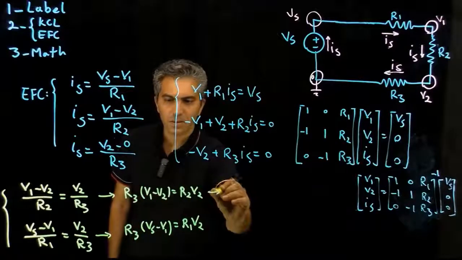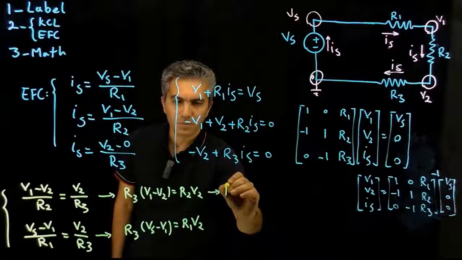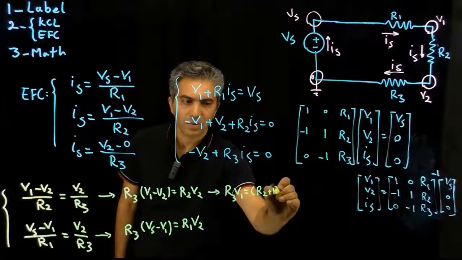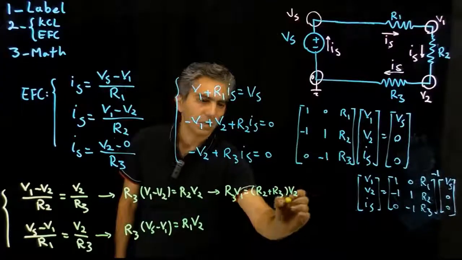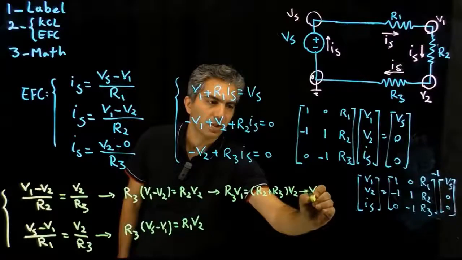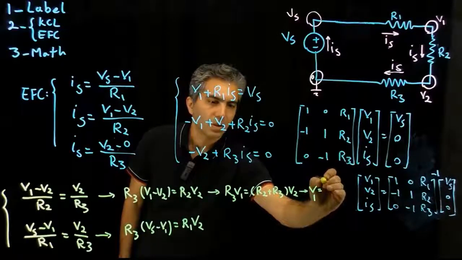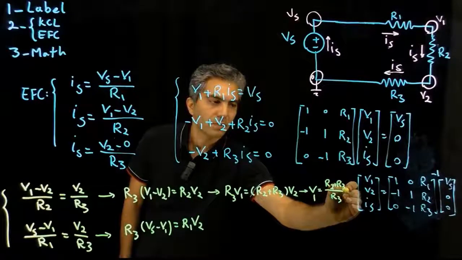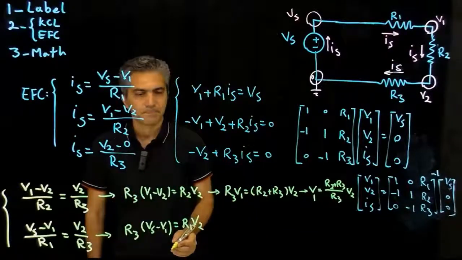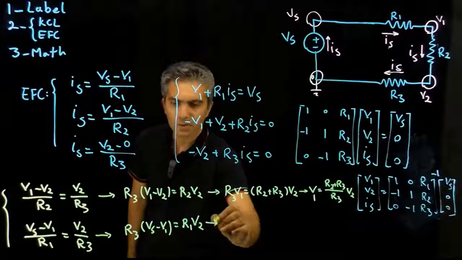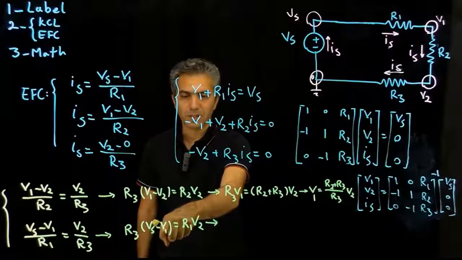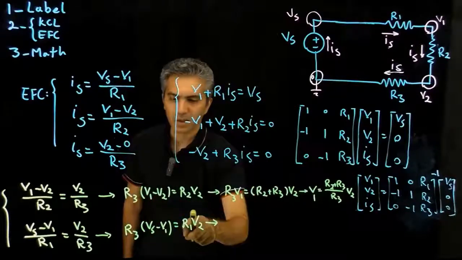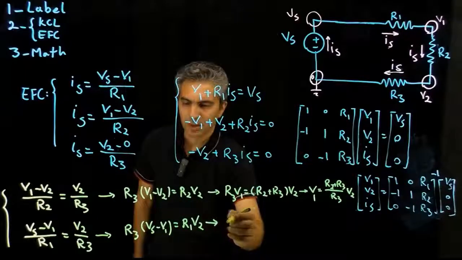So from this, I know that R3 V1 is equal to (R2 plus R3) V2. In other words, V1 is equal to (R2 plus R3) over R3 times V2. And from this equation, now I can replace V1 with the value that I have over there and directly calculate V2 as one of the unknowns.